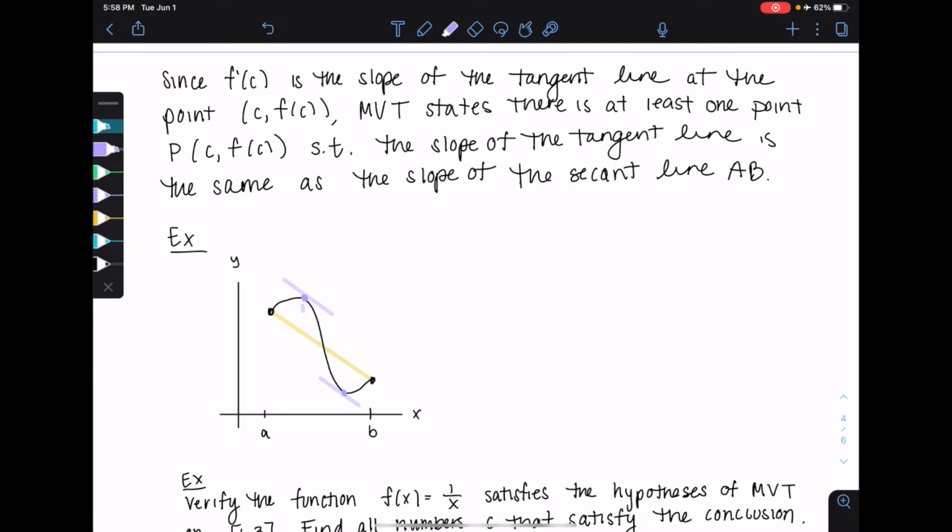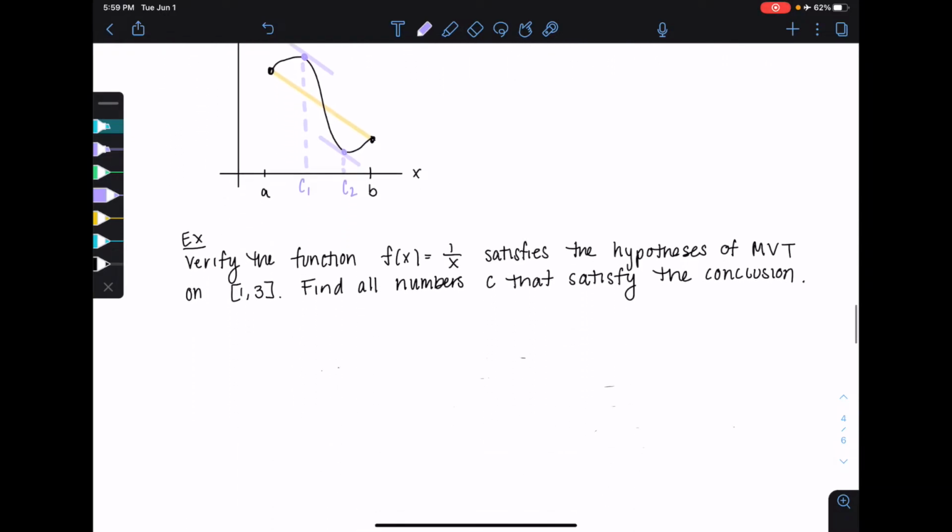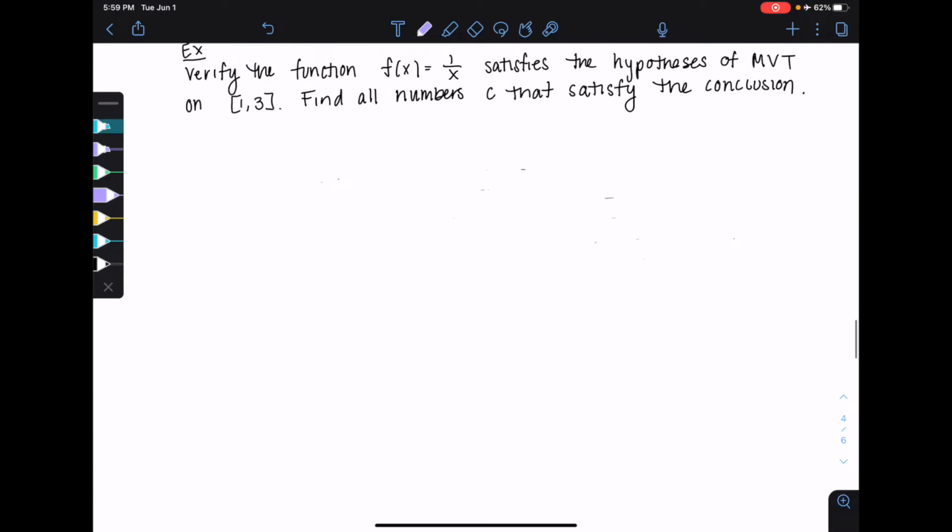So this would be one value of C, another value of C, guaranteed to exist by mean value theorem. Okay. So the same kind of idea applies. You have hypotheses that have to be shown, then you get some conclusion. So your actual solving of problems is going to be similar when you're asked to apply mean value theorem versus Rolle's theorem.